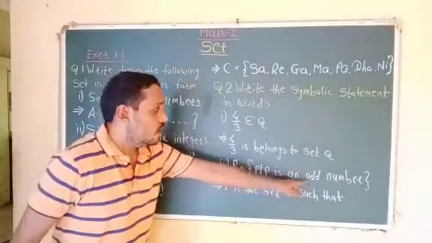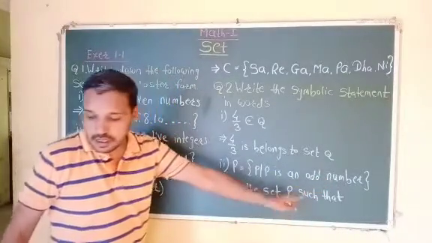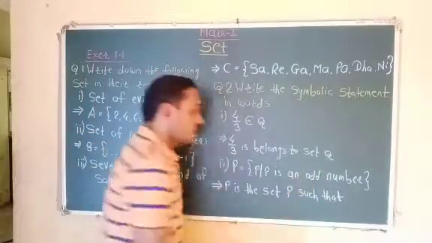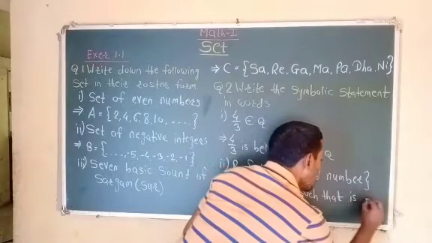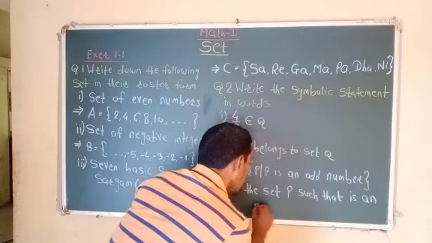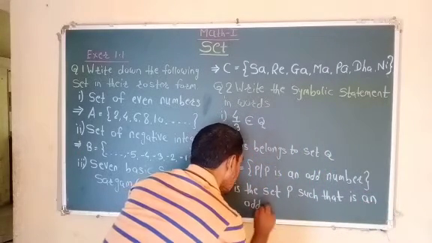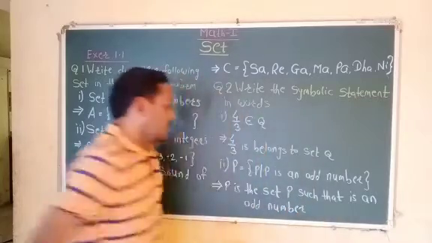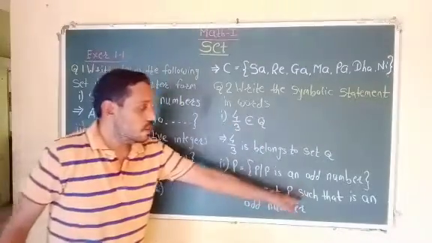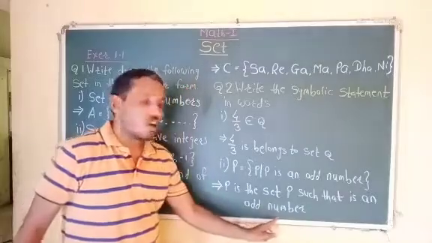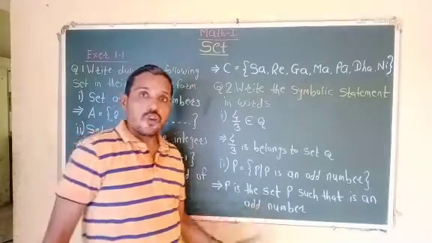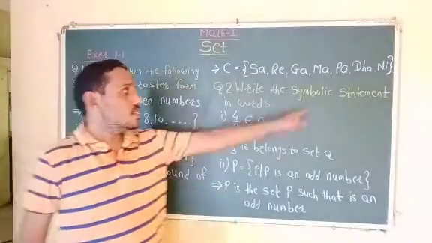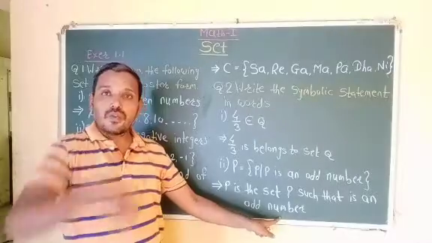What is the odd number? P is the set P such that P is an odd number. So we can write down that symbolic statement in this word form.